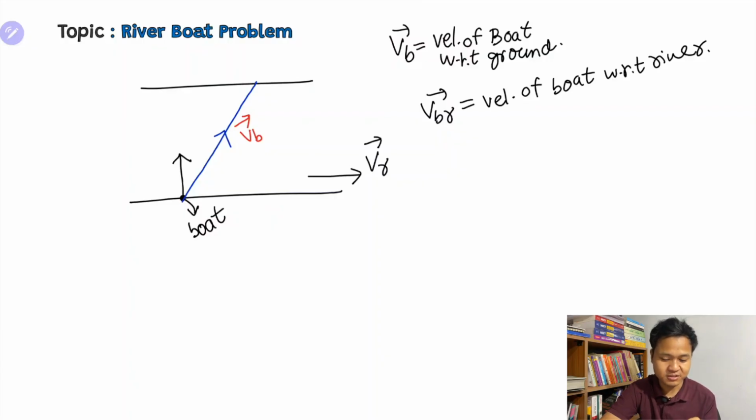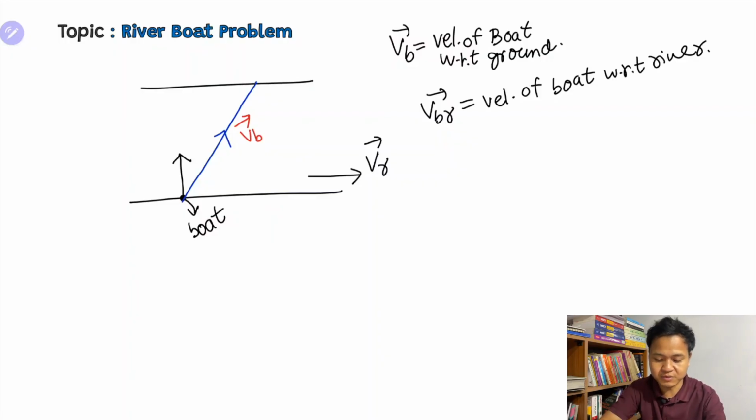If you imagine yourself sitting on the river and flowing along with it, then to you the river will be at rest. The frame of reference is always at rest. If I say velocity of boat with respect to the river, the frame of reference is the river, and you have to imagine the river is at rest. So what is the velocity of the boat?